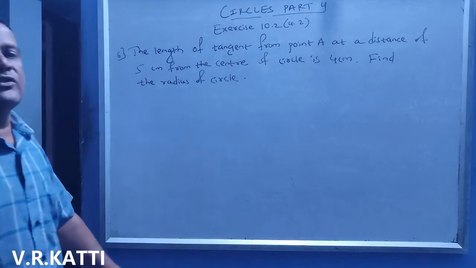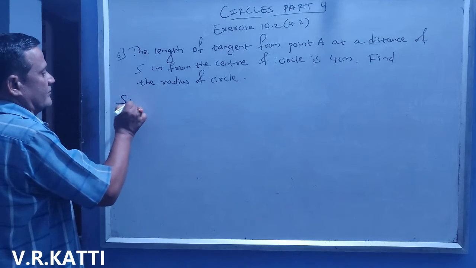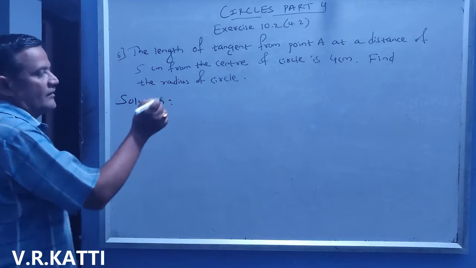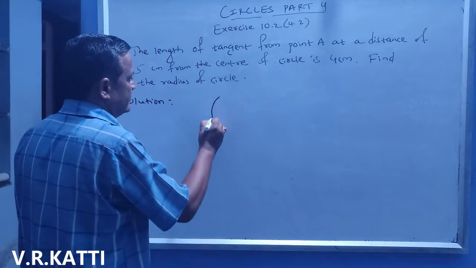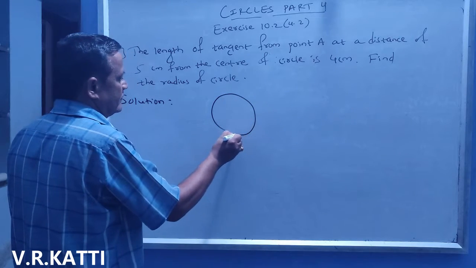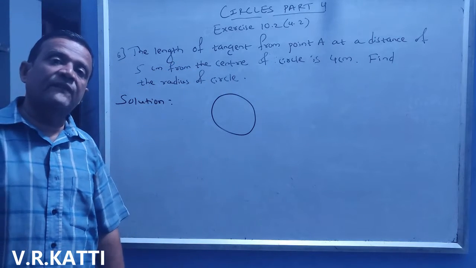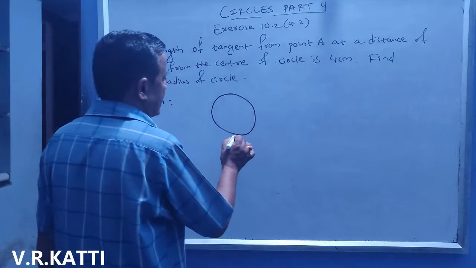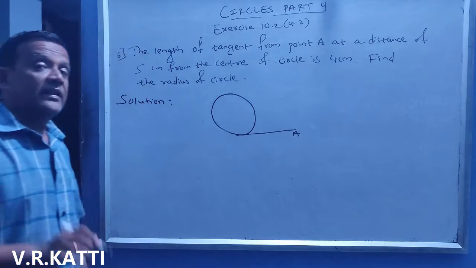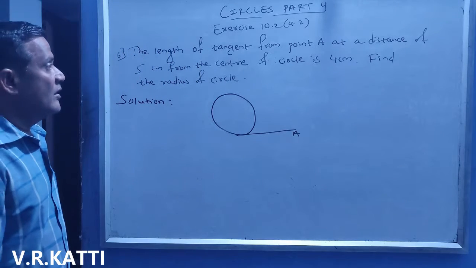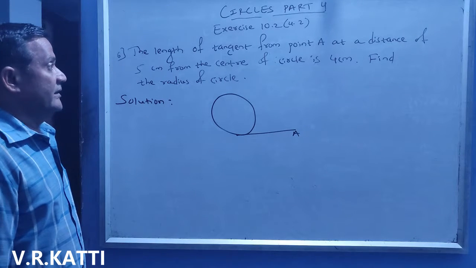According to the statement, first draw the circle. The circle and the length of the tangent from point A are given. The external point is A, at a distance of 5 cm from the center.